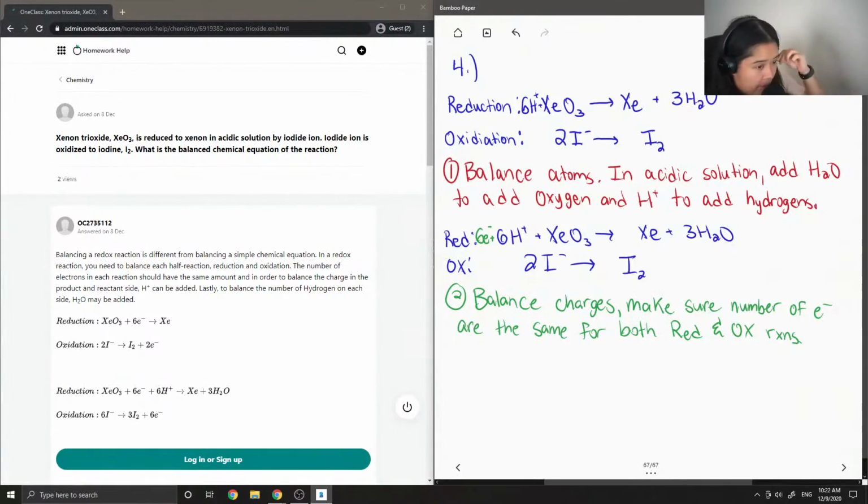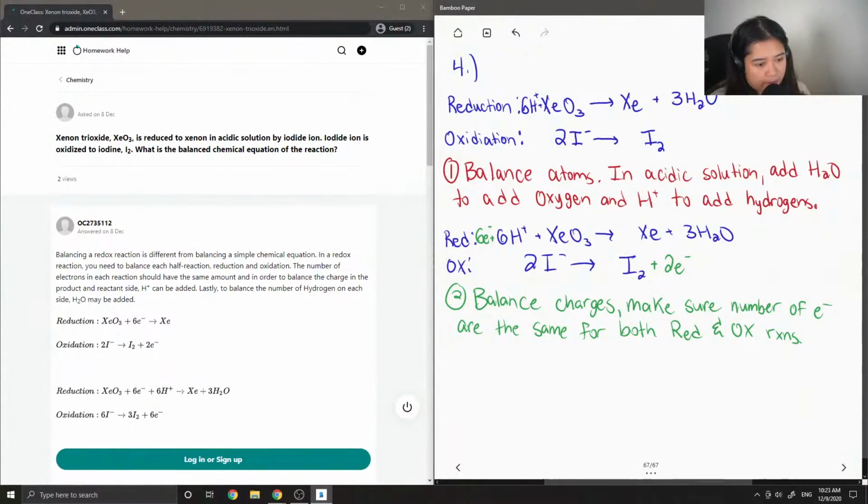Similarly, on our oxidation side, there are 2 negatively charged iodide ions on our reactants. And for our products, there is a neutral iodine. So to balance out these charges, I need to add 2 electrons to our product side in the oxidation reaction.